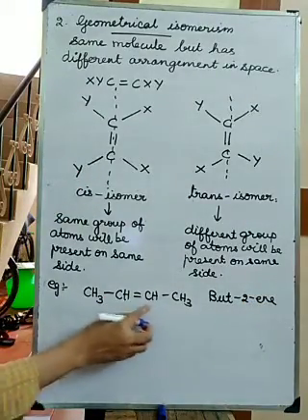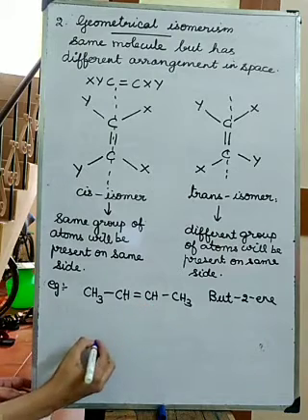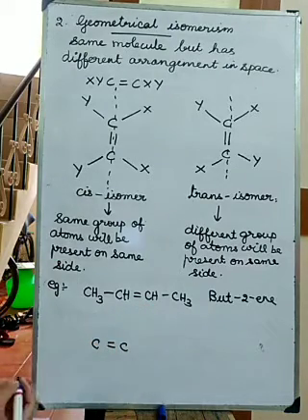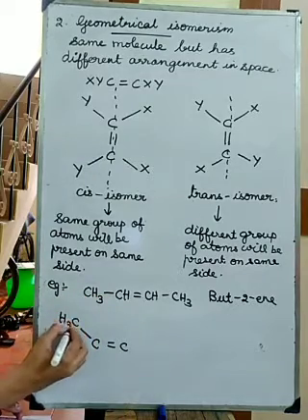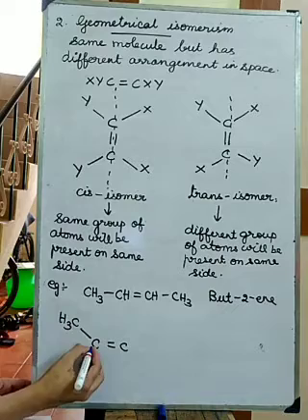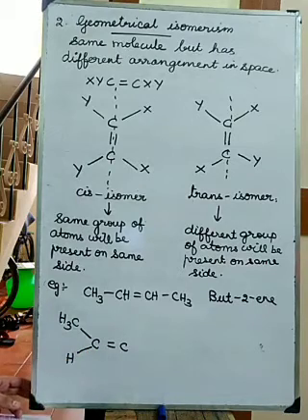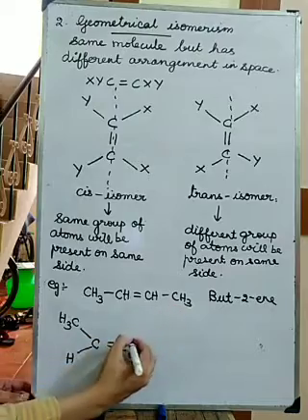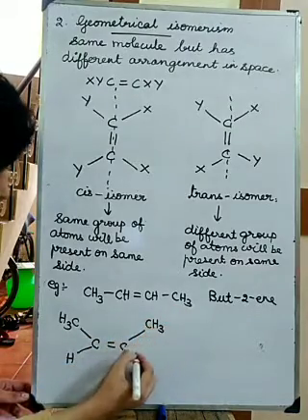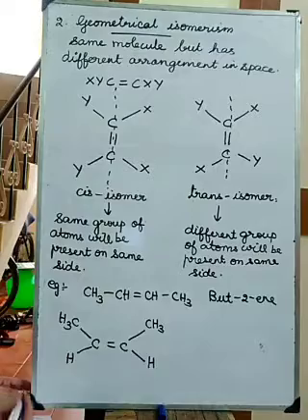There is a carbon-carbon double bond. Yes or no? One group is the CH3 group and the other is hydrogen. Similarly for this carbon, one is CH3 and the other is hydrogen.